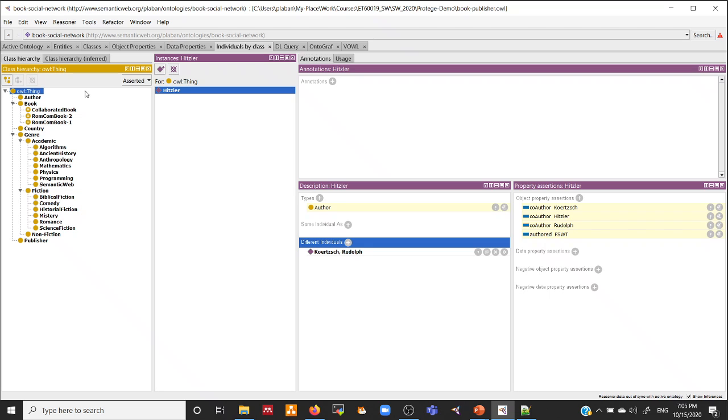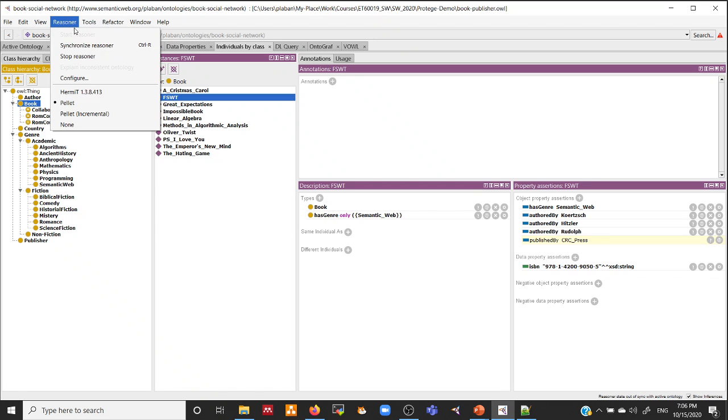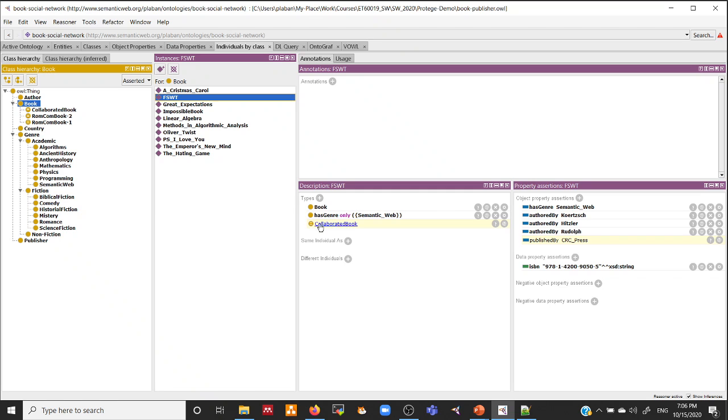Now at this point, again we move to the book FSWT, which was not under this collaborated book, and in this changed scenario, if we synchronize the reasoner, we see that this FSWT book is coming under the collaborated book category, right?